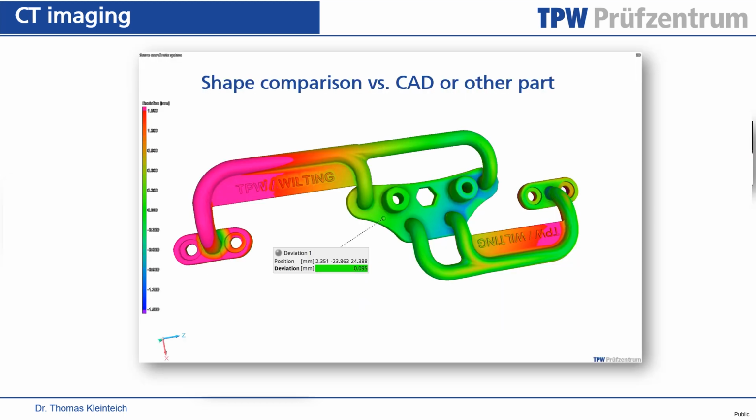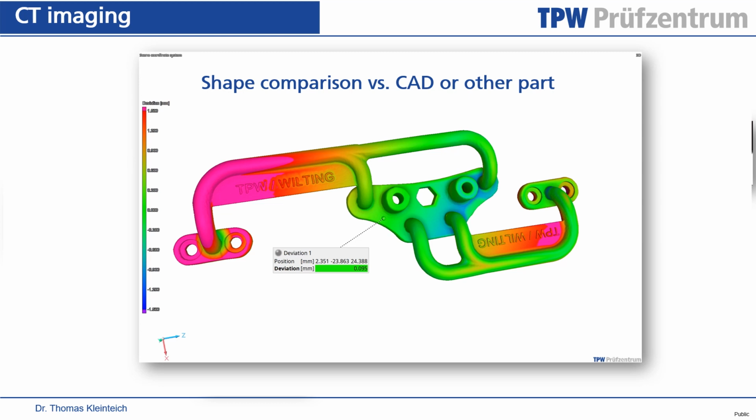And of course, talking about shape deviations, one thing that is commonly done is doing false color representation of shape deviations of the part geometry versus its nominal geometry that is defined by the CAD file. And so this, of course, can also be done based on CT data, because with the CT scan, you capture the full 3D geometry of the part with all its internal and external features.